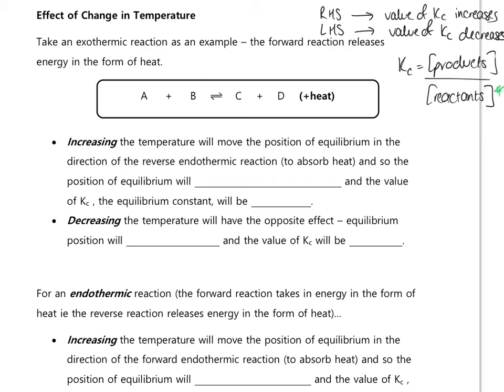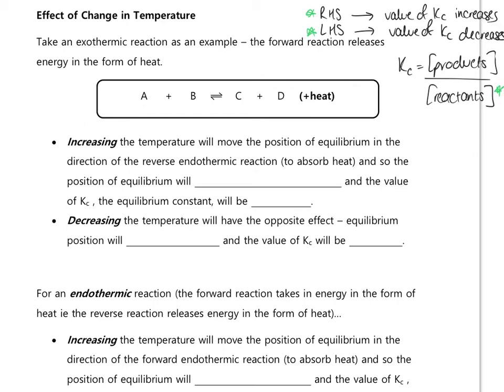So we need to think about this in terms of exothermic and endothermic changes as well, to be able to work out whether it's the right hand side or the left hand side, and then the value will depend on that. So let's look at the example of an exothermic reaction to start with.